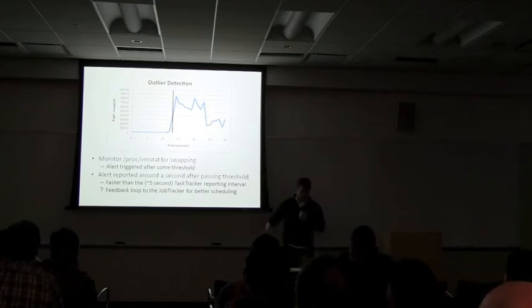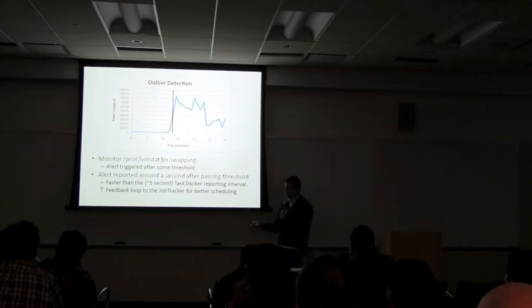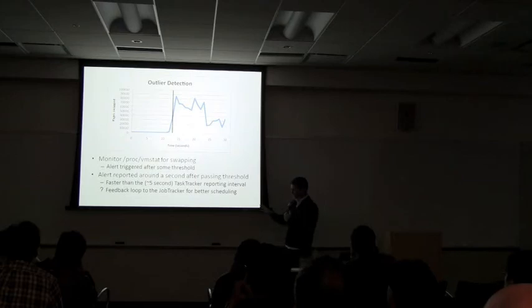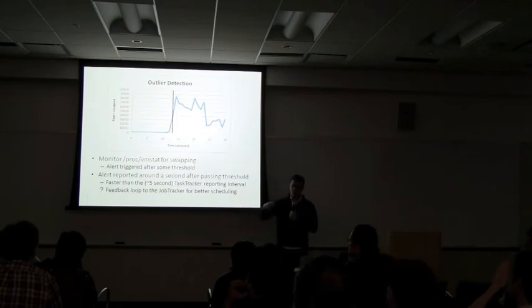Although you can't tell by this graph, that vertical bar is actually triggered about 1 second after the threshold has been passed, which is well below the duty cycle of task tracker to job tracker, which I believe is 5 seconds. So what we are thinking about in the future is feeding this information back into the scheduler so the scheduler can make better decisions about future scheduling tasks.